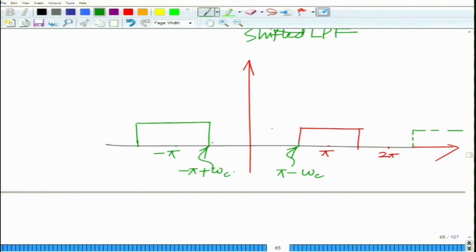So, now you can clearly see gain is 0. If you look at magnitude h tilde omega at 0, this is equal to 0, and at pi the gain is equal to 1.